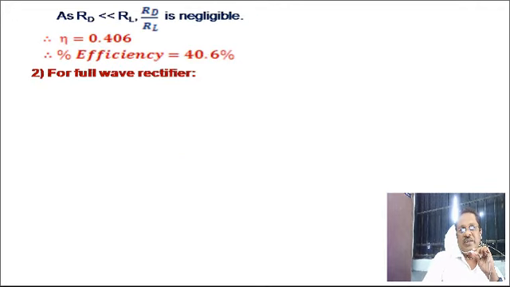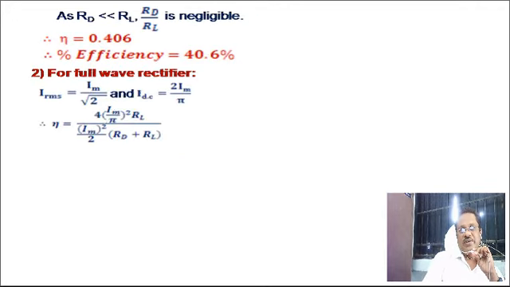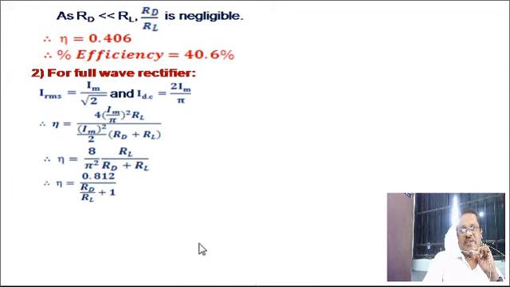the equation for efficiency of full wave rectifier as 4 Im upon pi square into RL divided by Im square by 2 into RD plus RL. On simplification, we get this 2 will go in the numerator place, so it will be 8 divided by pi square.